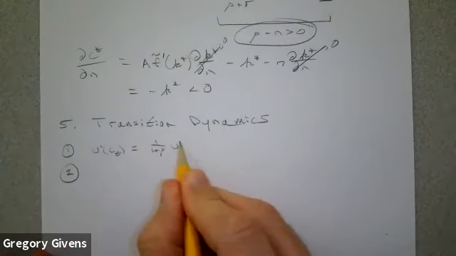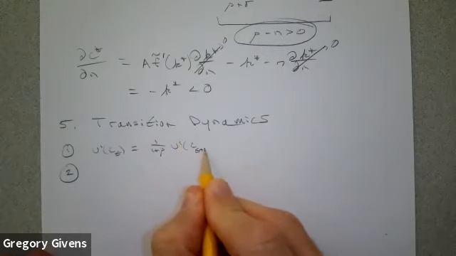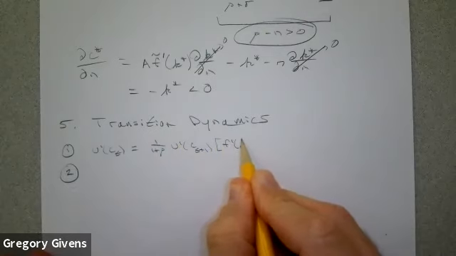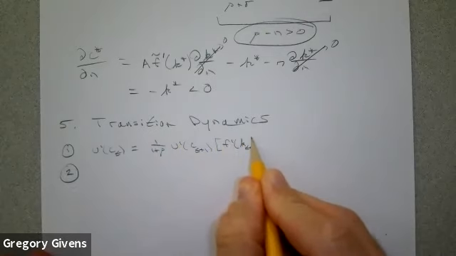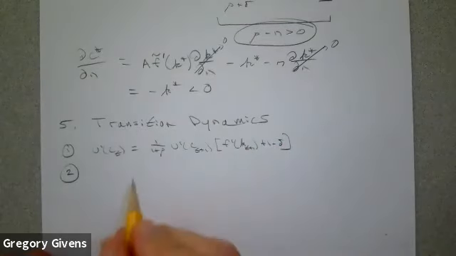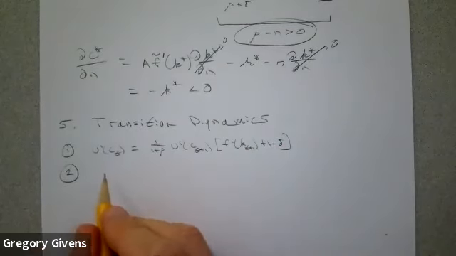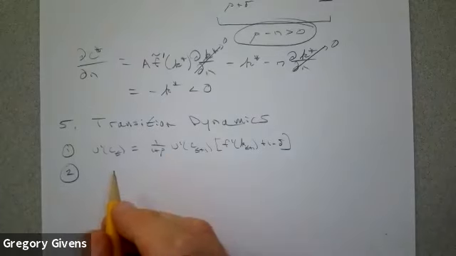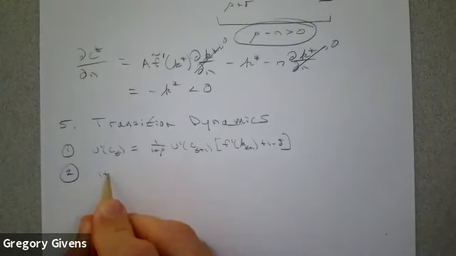So first we have the Euler equation. And secondly, we have the period by period budget constraint, or since we're substituting assets and real interest rates and wages out of the equation, it may be more appropriate to think of it as a solvency condition or even a resource constraint.